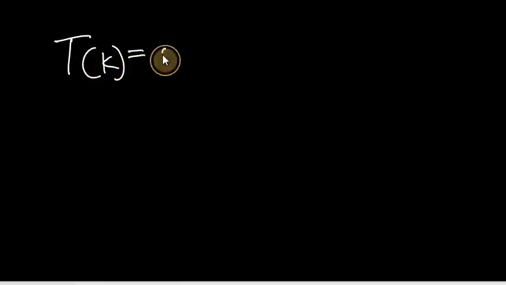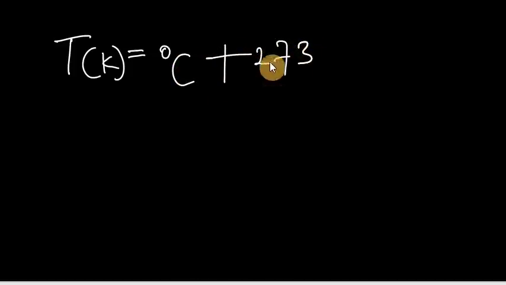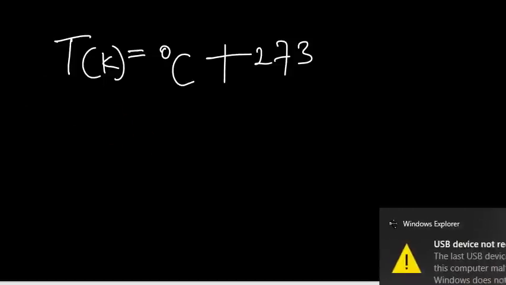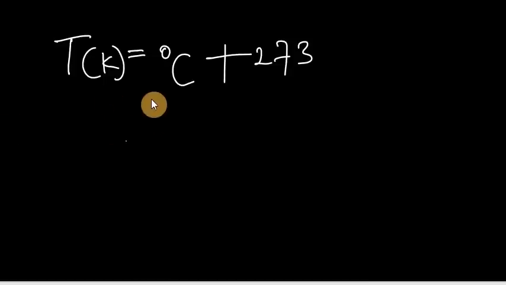You use this relation: T upon K, the value of the temperature in Kelvin, equals the value in degrees Celsius or centigrade plus 273. So we have minus 20 degrees Celsius plus 273.